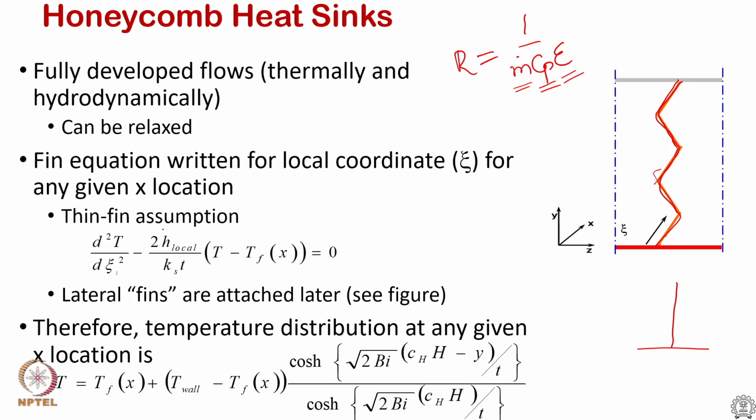Otherwise, assuming a thin fin approximation, this is the very standard fin equation, where the bottom wall temperature T base is given, which can be treated as T wall, and the top is considered to be adiabatic, that is the adiabatic tip assumption.